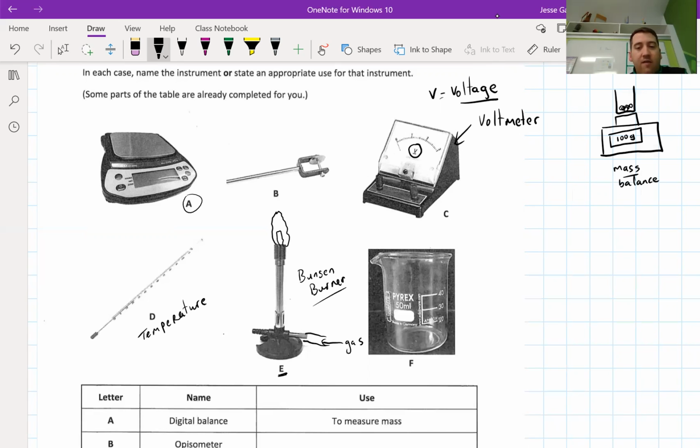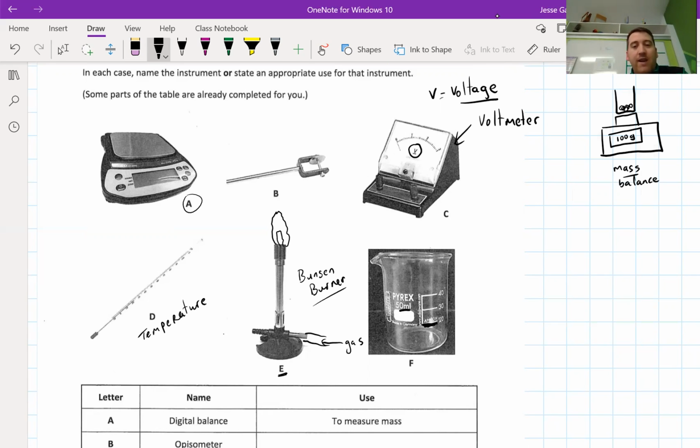The last thing, you should definitely recognize this. It says 50 milliliters on it. A common mistake people make here is thinking that this is for measuring the amount of liquid. See this word I'm underlining, it says approx, which stands for approximately. That's because this isn't very good at measuring things. It's only roughly right.